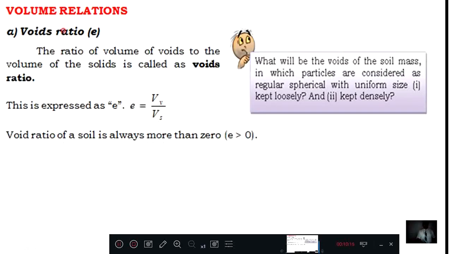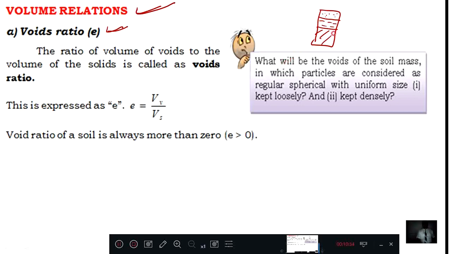That first term we will call as volume relations. In that volume relation, the first term is voids ratio. You already know this was a soil, and this is solids, this is water, and this is the air.